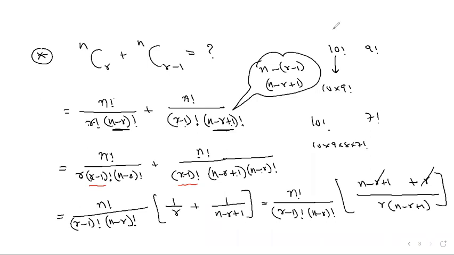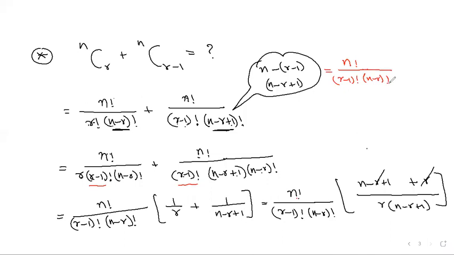Now I don't have space to write this, so I'm going to write it up in another color. n factorial, r minus 1 factorial, n minus r factorial. Then here it becomes n plus 1. Here, just r, not r factorial, and n minus r plus 1. Now we can combine these two.